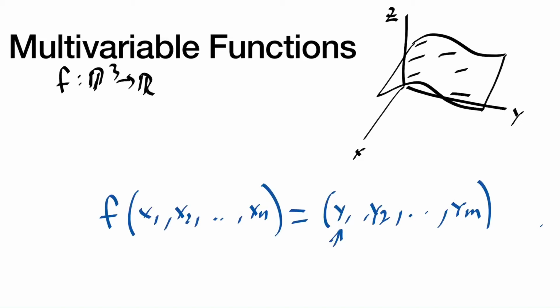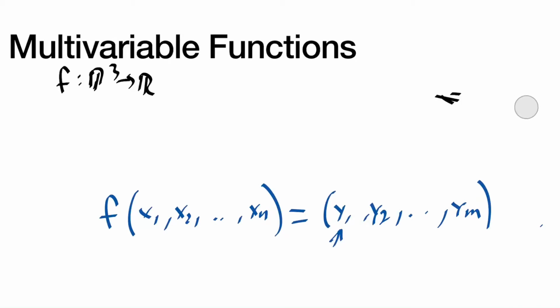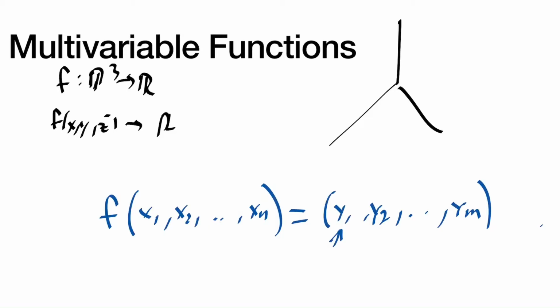So one function is the function that goes from R3 to R. And what does that look like? Well, the way I think of that one is that we have ourselves three-dimensional space, and so our inputs here are x, y, and z. And then our output is a value.